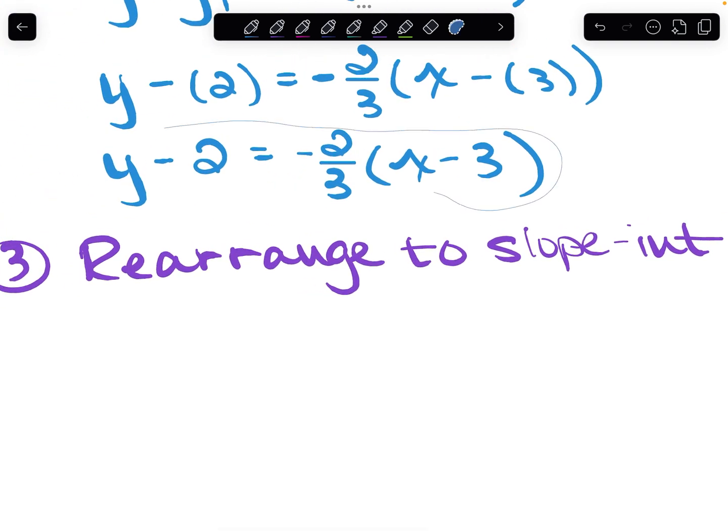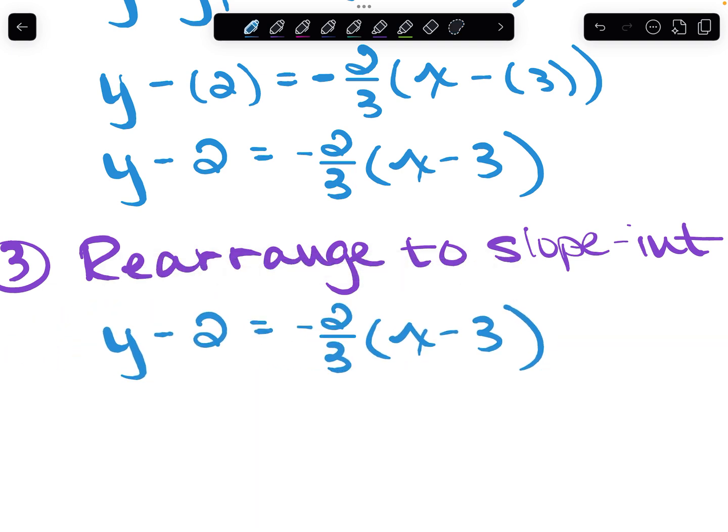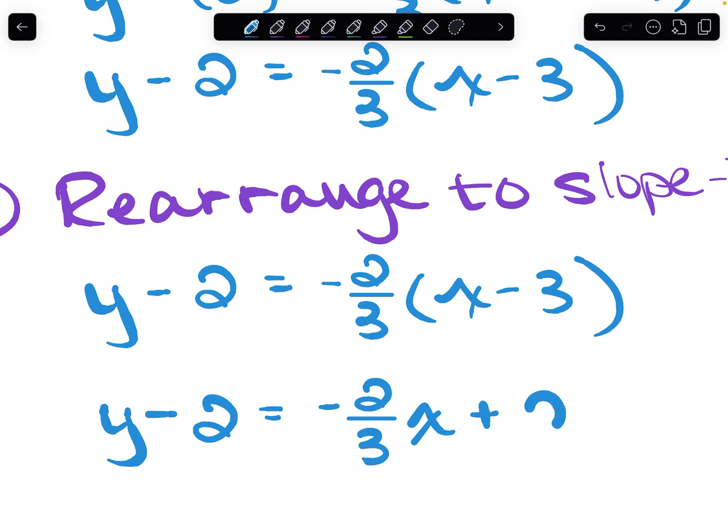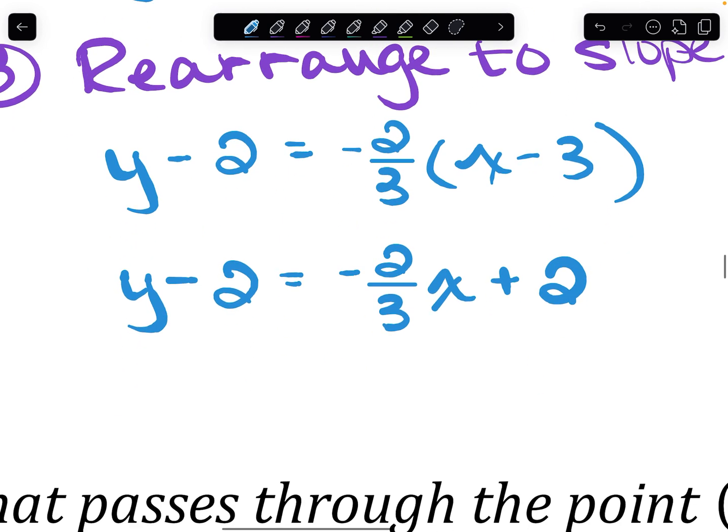All right, so to solve for y, first thing I need to do is clear those parentheses. So negative 2/3 times x. Negative times negative is going to be a positive. Negative 2/3 times 3 is going to be 2. And then we're going to add 2.